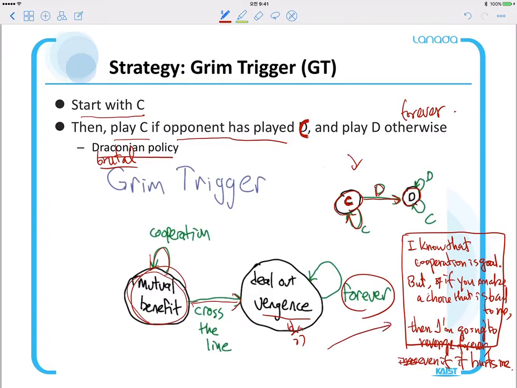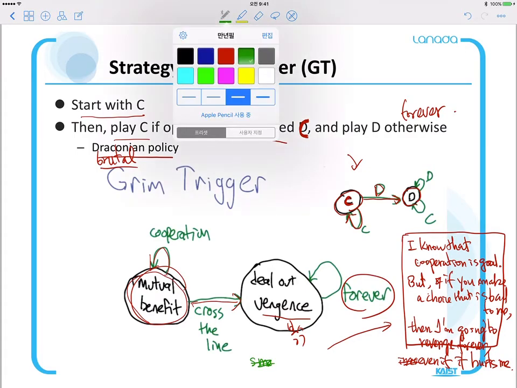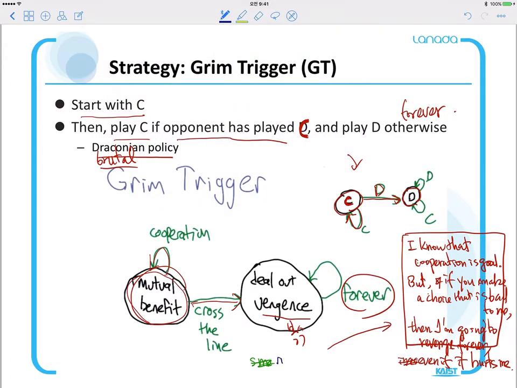So, well, I can smell some incredible threat here. Right? Because, well, I'm going to revenge you, but obviously since I'm rational, I need to think about my payoff also.